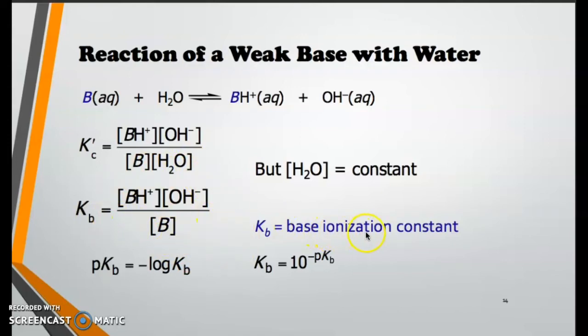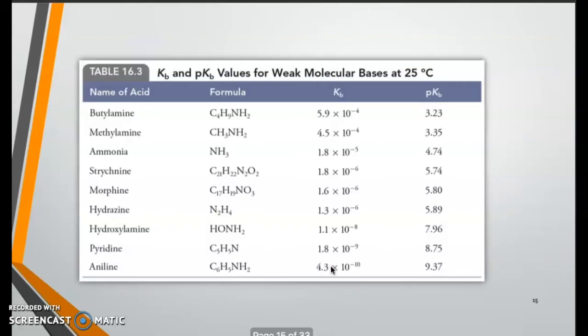Kb is the base ionization constant. To find the pKb, it is equal to negative log Kb. And to find the Kb, it is equal to the antilog of negative pKb. This is the table for Kb and pKb values for weak molecular bases at 25 degrees Celsius.